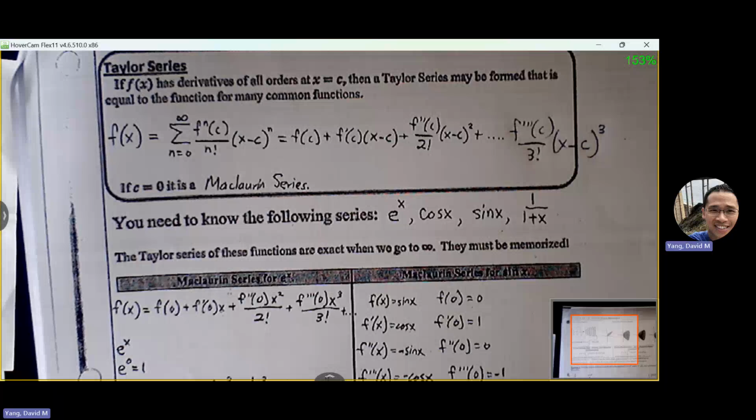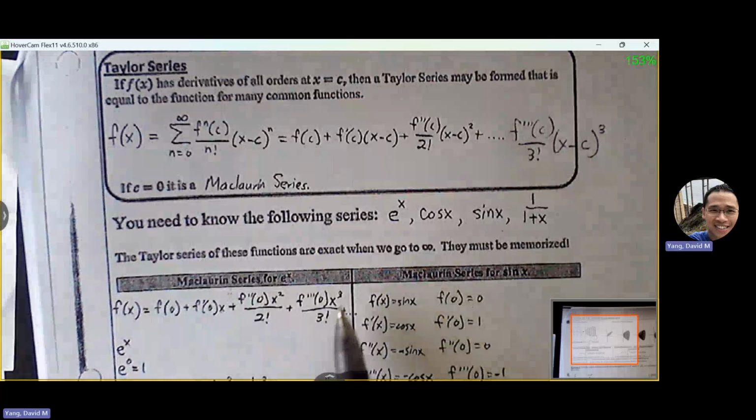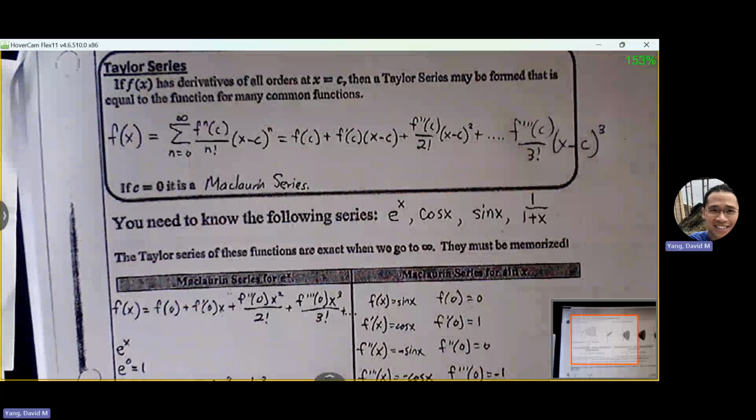We could build it from scratch, but if we build everything from scratch, it would take too long, and we just don't have that kind of time on the AP exam. So for the common ones, we need to have those memorized, and I'll talk about how I go about formulating those terms.